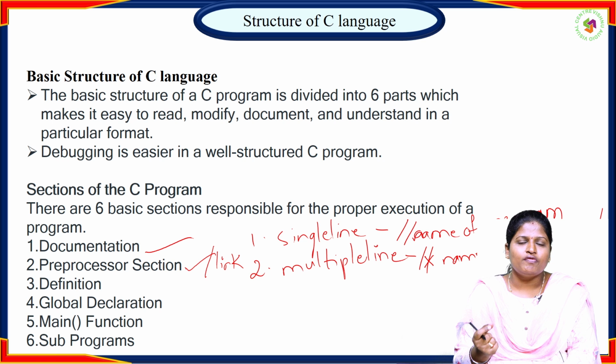The library files may be, for example, stdio.h, conio.h, string.h, math.h; like that we have a number of library files. Depending upon the program we write, we make use of a particular library file. For example, the basic library file for writing a program is stdio.h. Here stdio means standard input output.